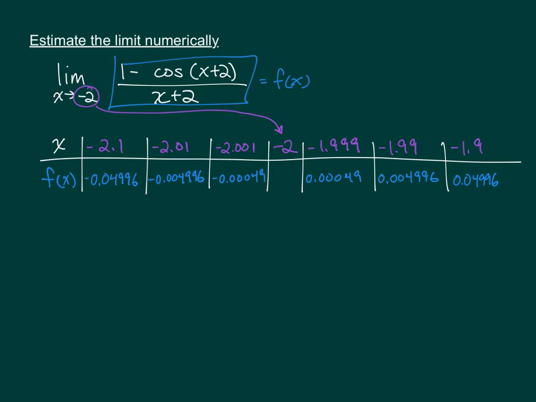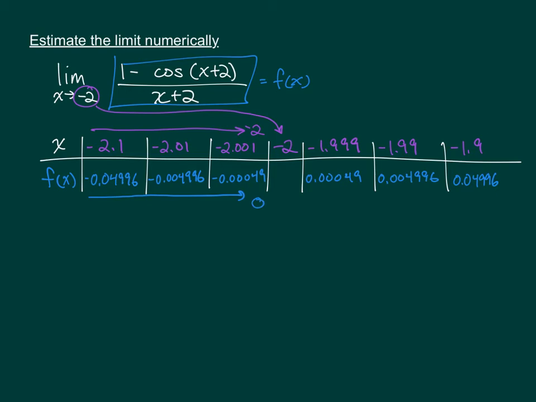So when we look at this, the x values from the left are approaching -2. We picked these values so that they approach -2. And the y values seem like they're getting closer and closer and closer to 0.